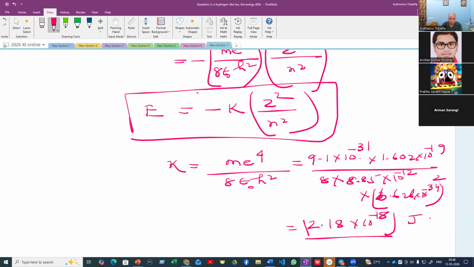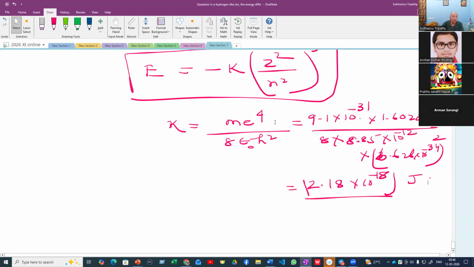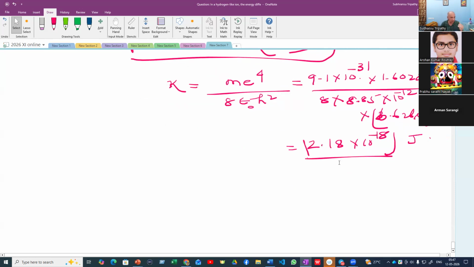Apply simple physics: newton into meter is equal to joule, force into distance is work done, which is converted to energy. In a similar manner, everything ultimately converts to joule. K is this much. Now this is done, said and done.